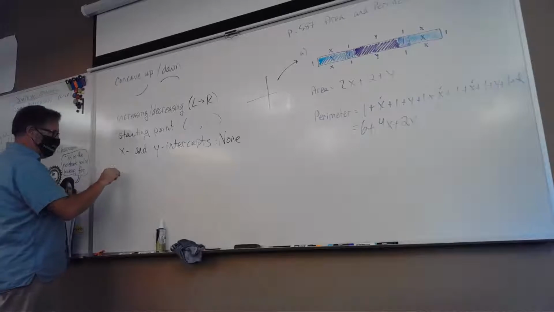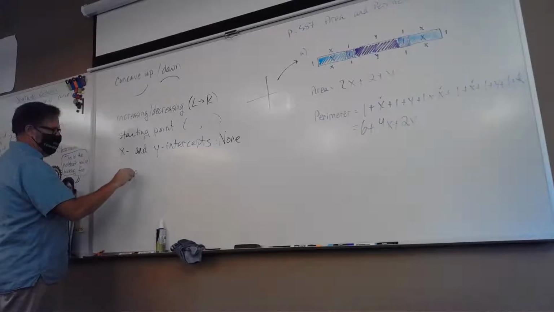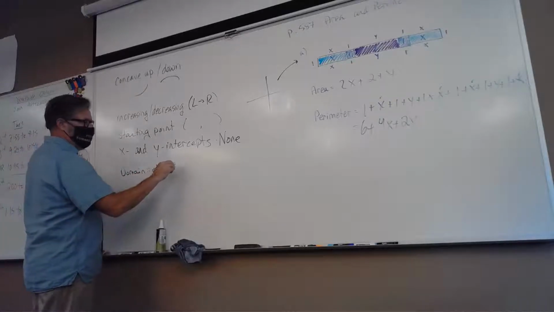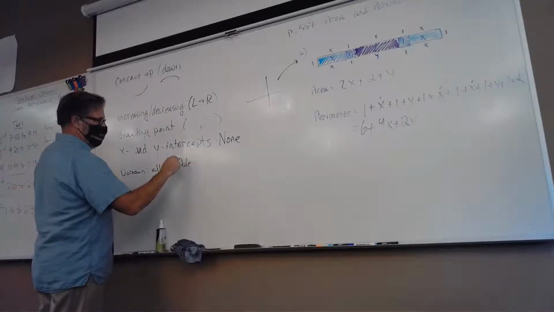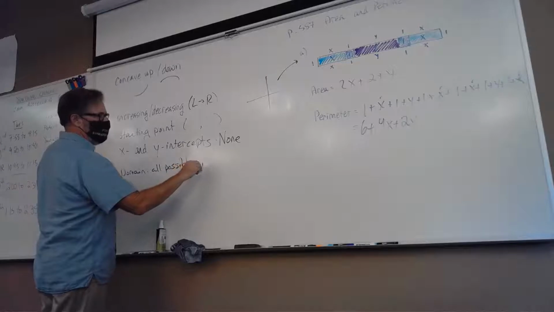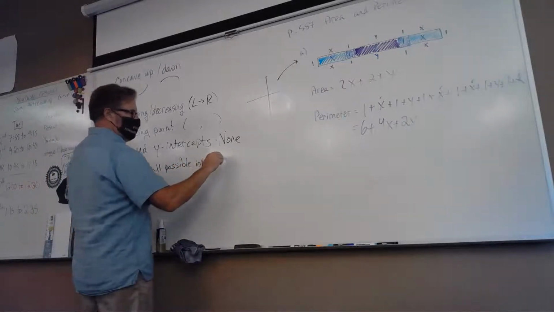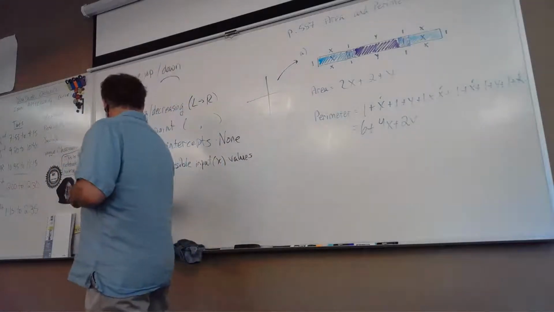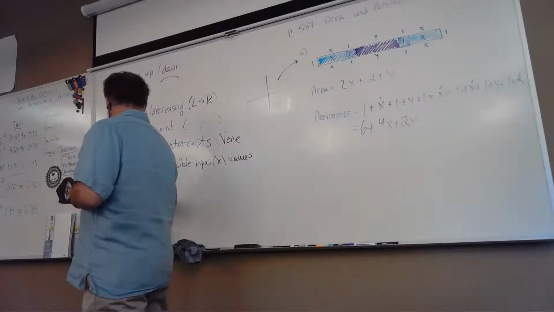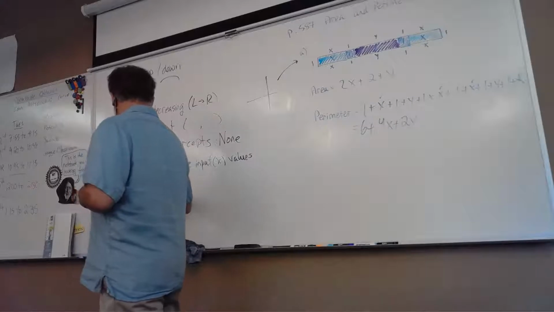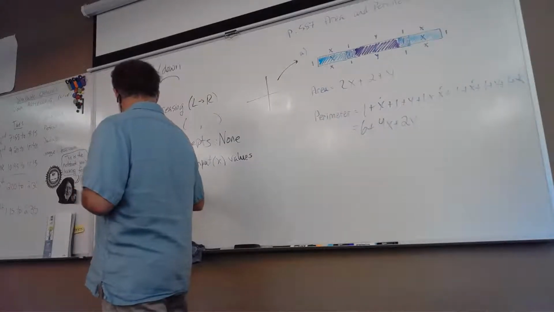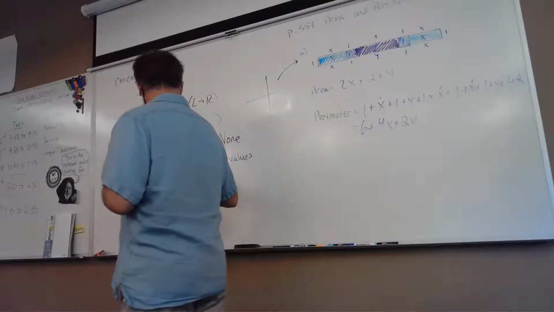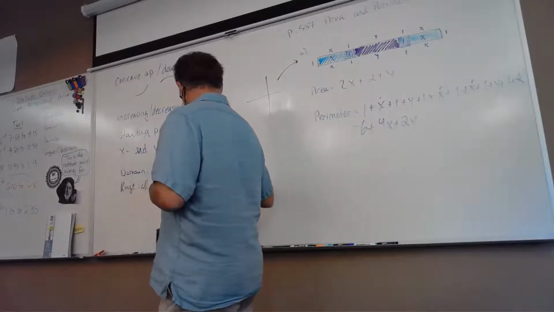Just as a reminder, domain: all possible input or X values, and your notes should already say this. And range: all possible output or Y values.